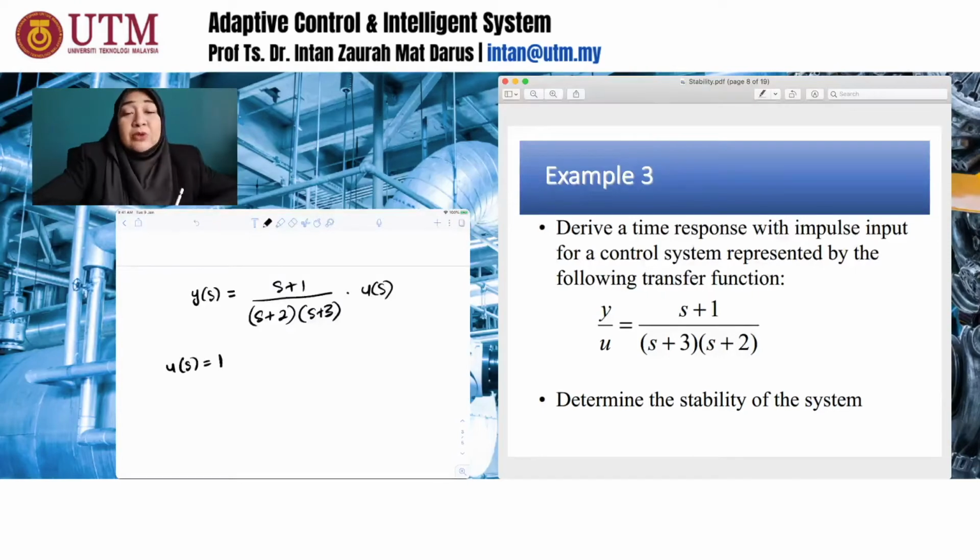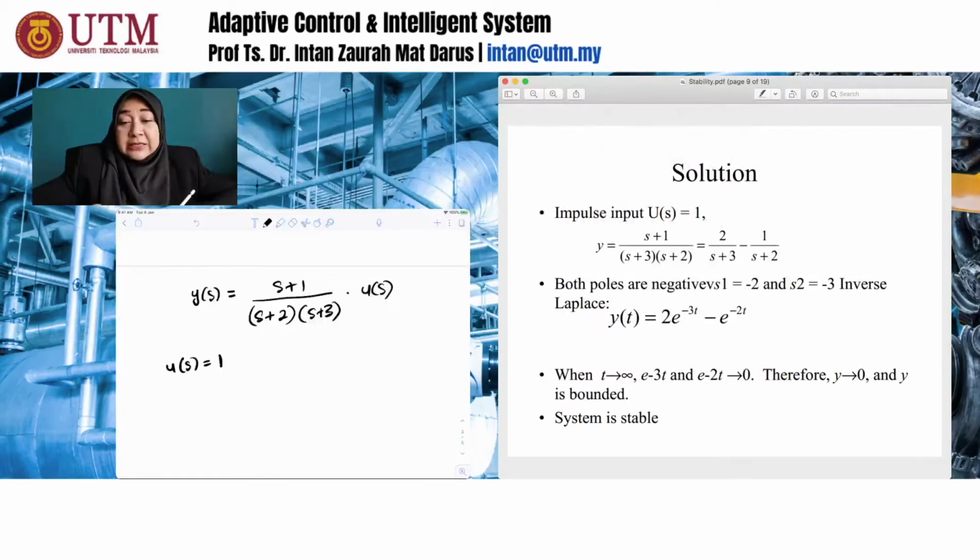For example, U(s) equals 1 is an impulse input to the system. It doesn't matter whether you give step input or impulse input. In this case, I'm giving an impulse input where U(s) equals 1. Impulse input is also a bounded input.